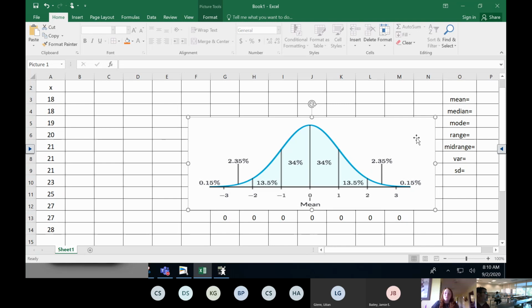Now, of course, with our, I'll give you another minute. I'll go ahead and label my X minus X bar, and then X minus X bar quantity squared.